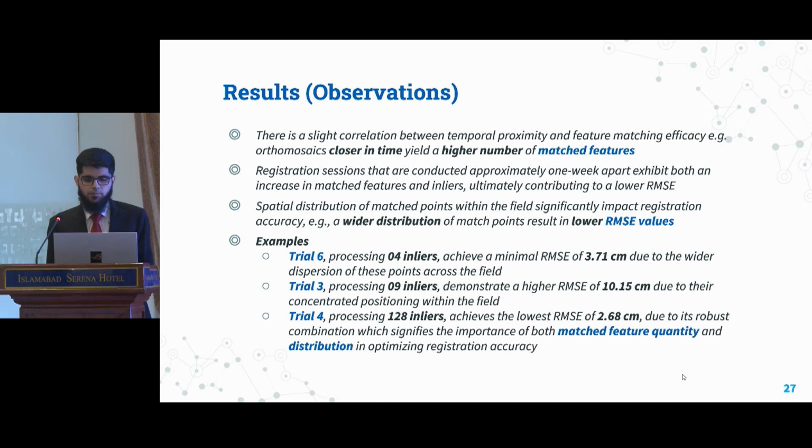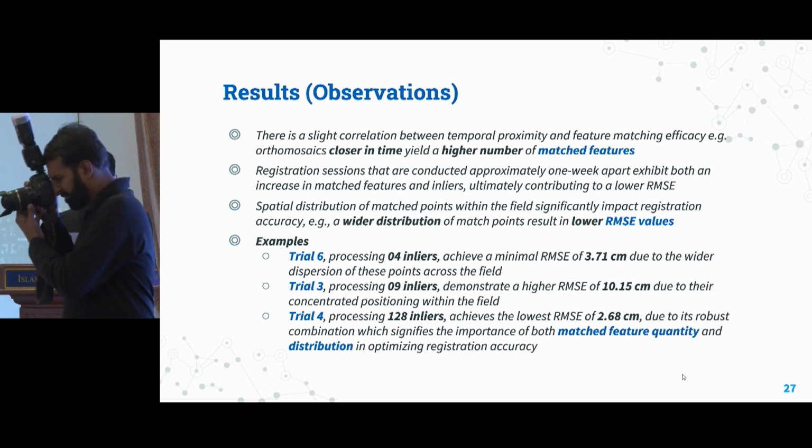The spatial distribution of match points within the field significantly impacts registration accuracy. For example, a wider distribution of these match points results in lower RMSE values. So let's look at the examples of the trials which I showed earlier. Trial 6 had 4 inliers which achieved a minimal RMSE of 3.71 centimeters due to wider dispersion of these points.